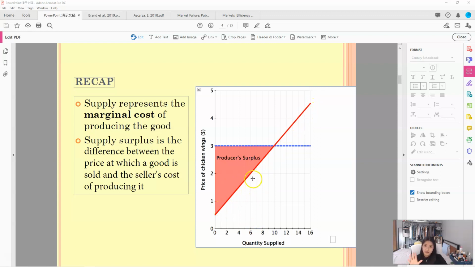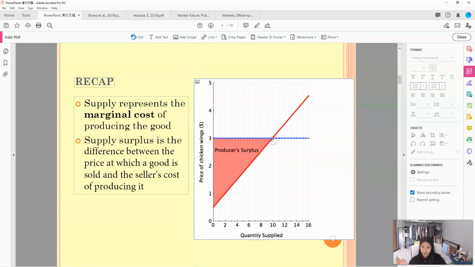So the area below the red curve is the cost of producing the good. So from the producer's perspective, the area below the red curve is my production cost.